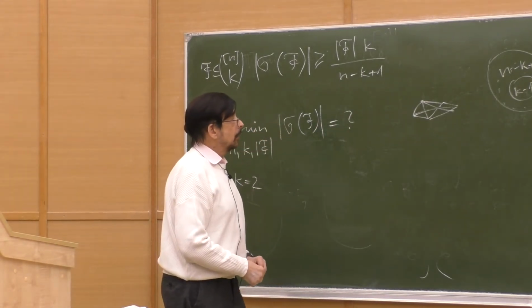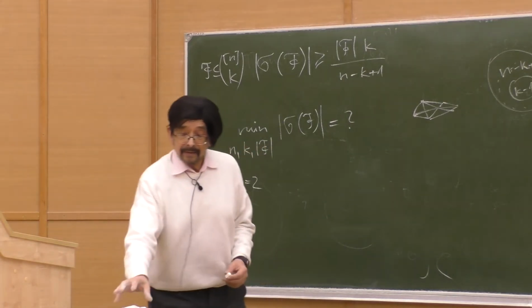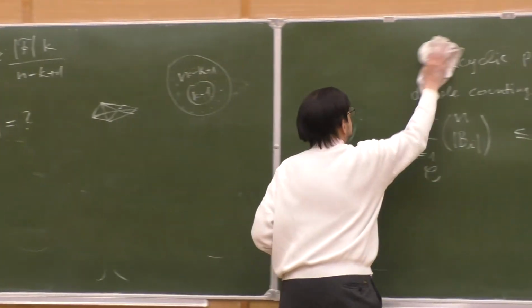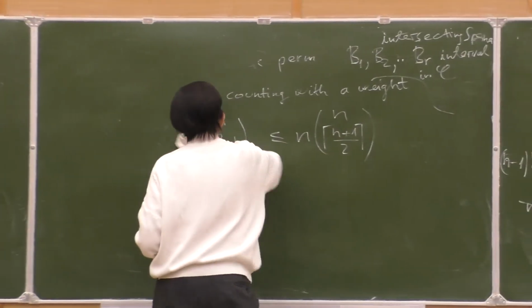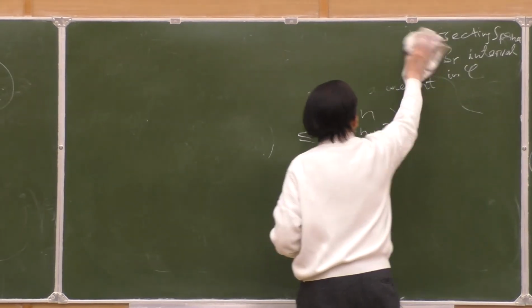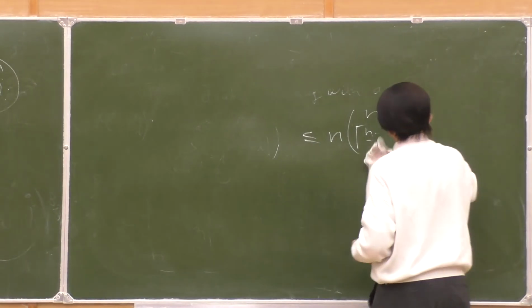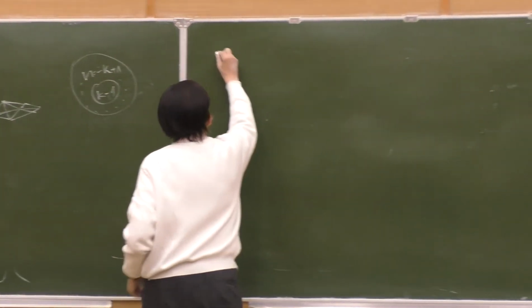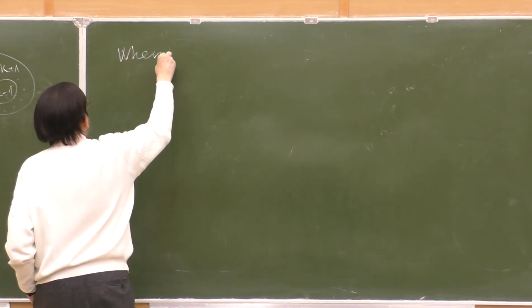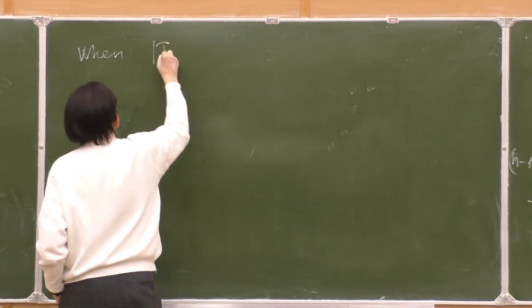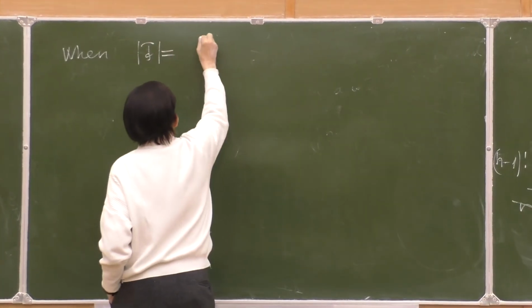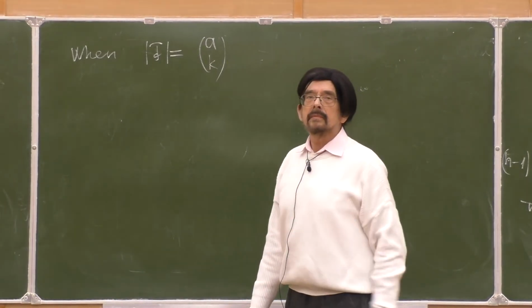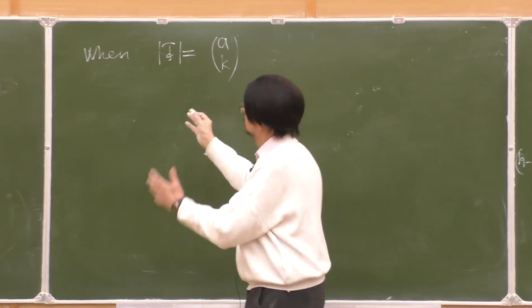And we can imitate this when the size of f is equal to a choose k. So it's a nice number.